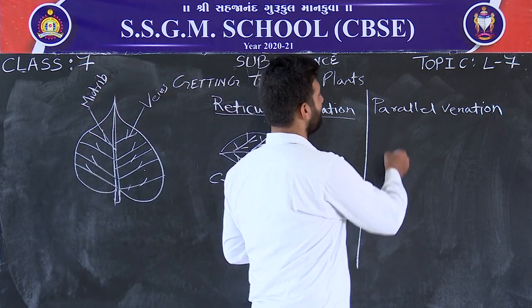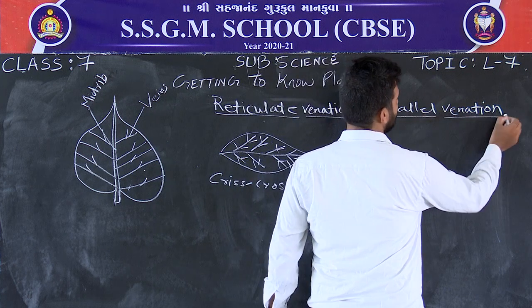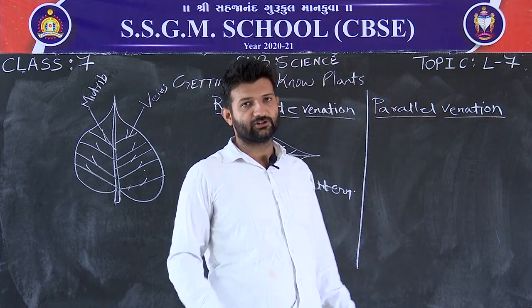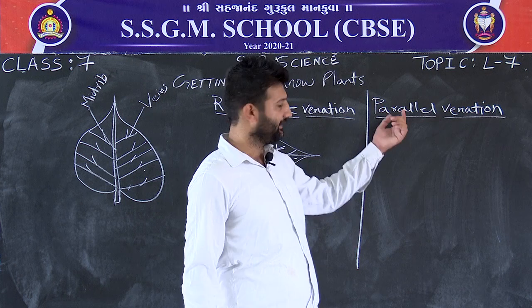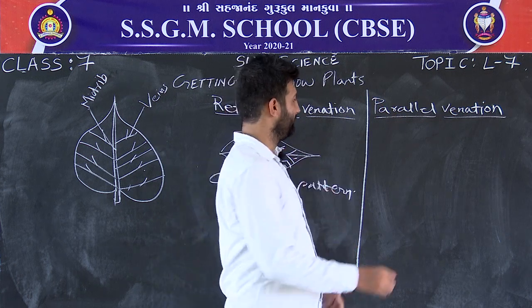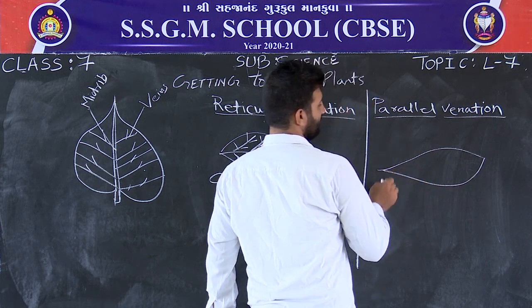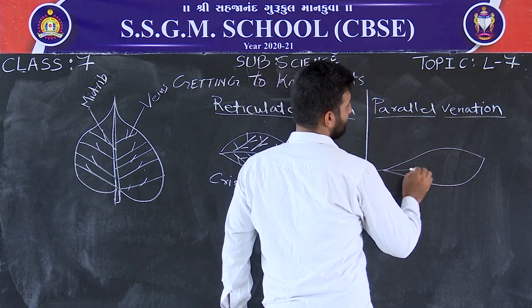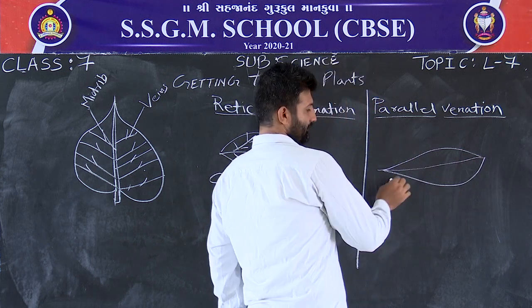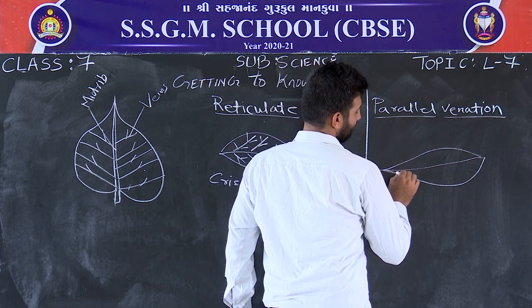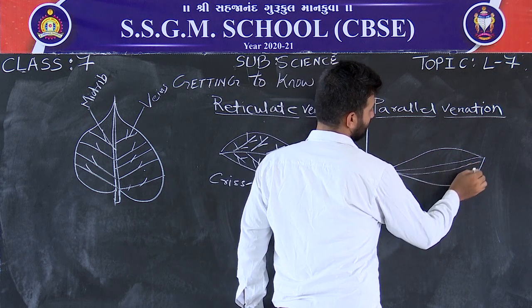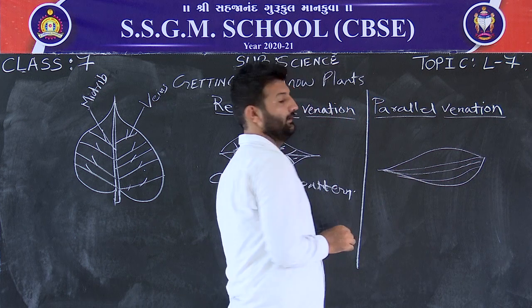And there is one more type of venation that we find in the structure of a leaf, that is parallel venation. In parallel venation, the same leaves may be there or some different leaves may be there, but the midrib and other veins are also parallel to the midrib.